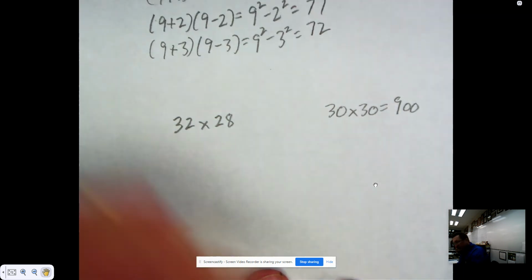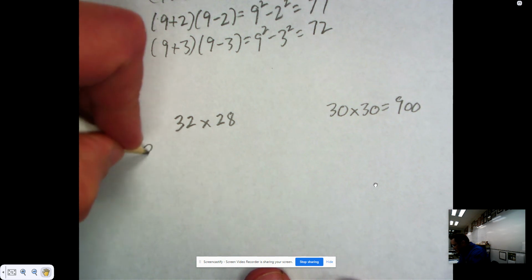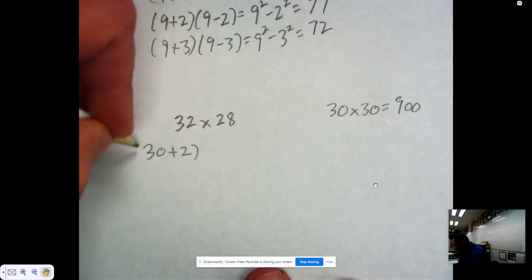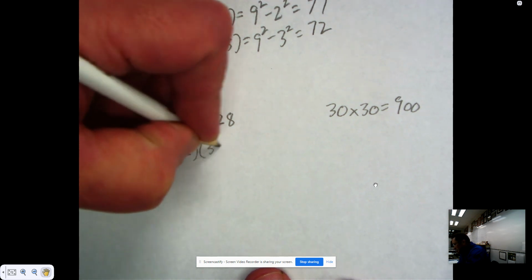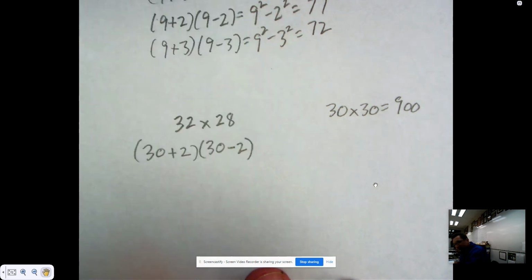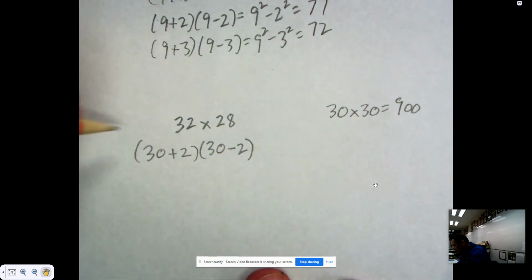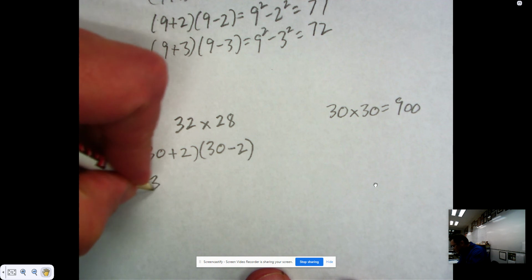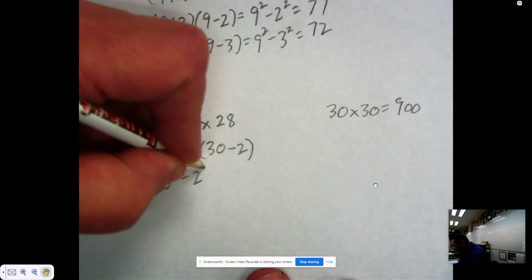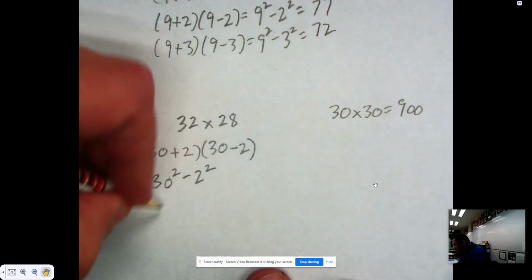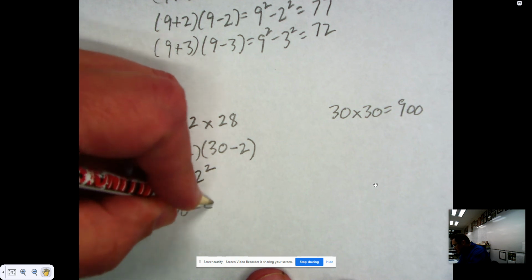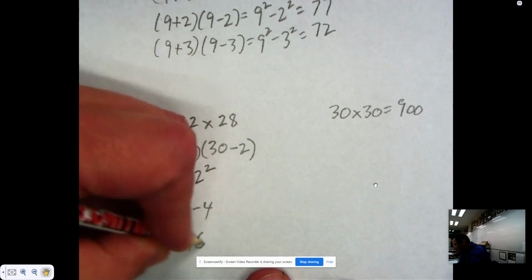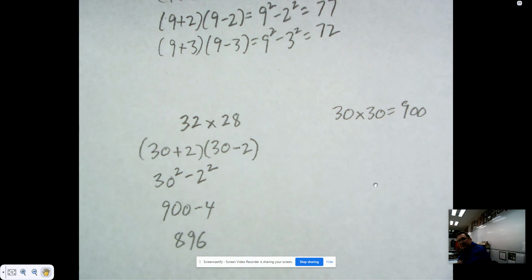And furthermore, I bet you could reason that 32 is 30 plus 2, and 28 is 30 minus 2. And so it's true that 32 times 28 would be 30 squared minus 2 squared. And so that's 900 minus 4, and so that's 896. And so that's just kind of a number trick that you can use that might sometimes help you do a little more mental arithmetic in your head.